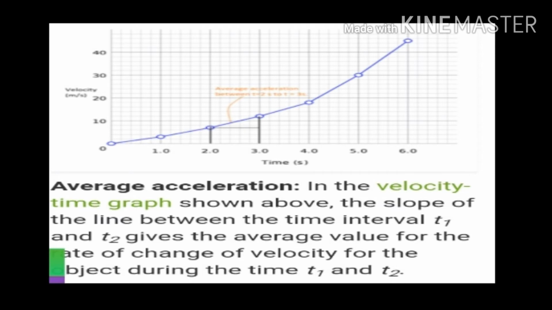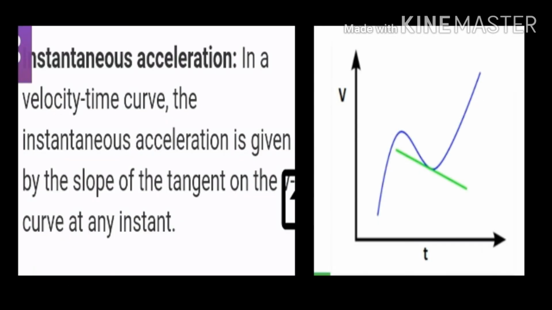So this is the velocity time graph on average acceleration. Now we will talk about our second graph, which is instantaneous acceleration. In a velocity time curve, the instantaneous acceleration is given by the slope of the tangent on the curve at any instant. As you can see on the screen, this is how the graph of instantaneous acceleration is shown.